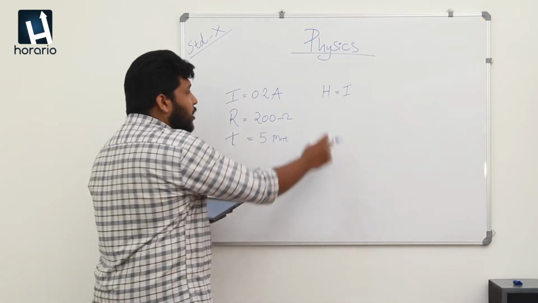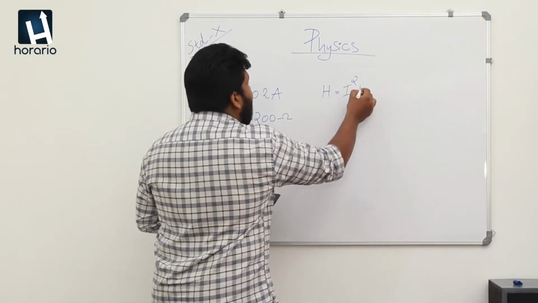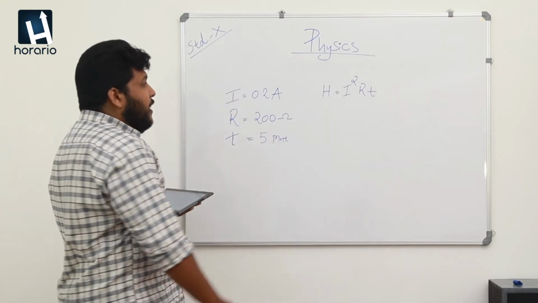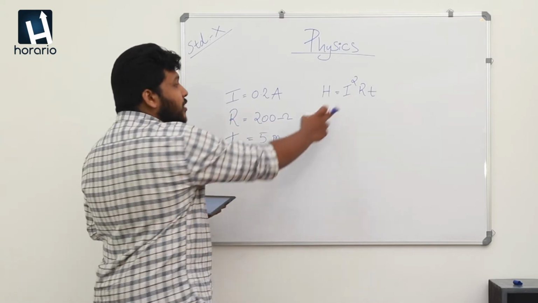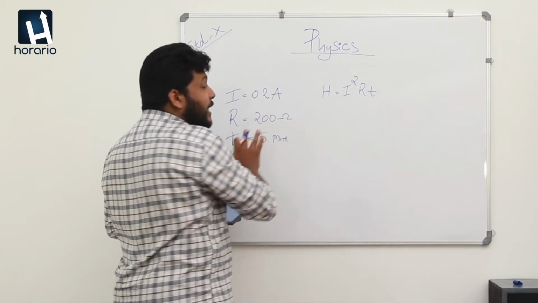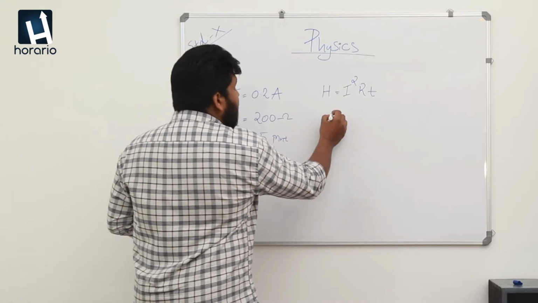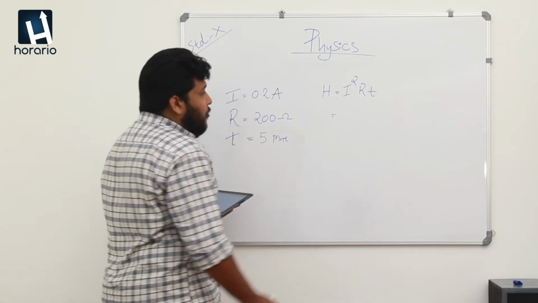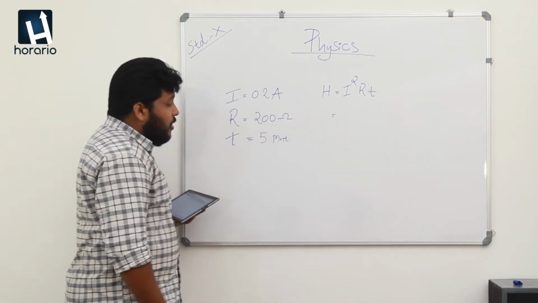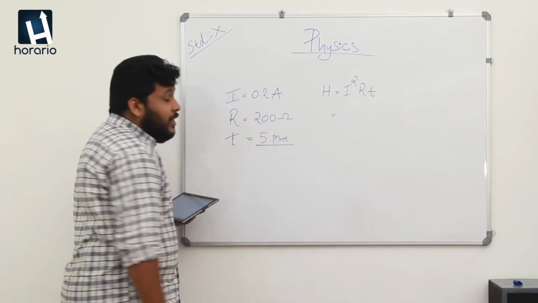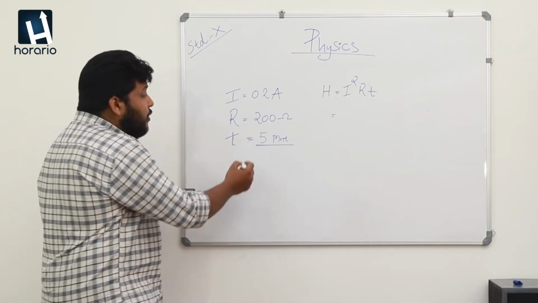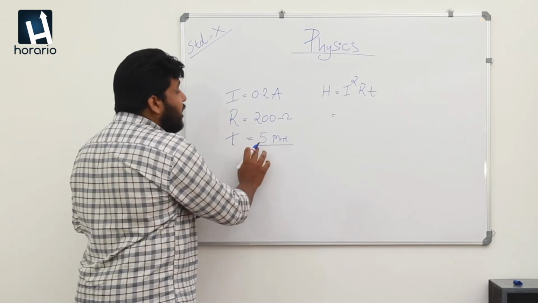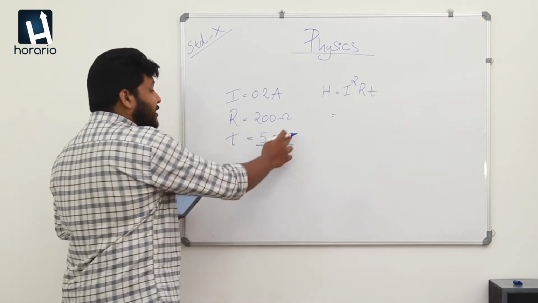So we can use the equation H is equal to I square RT for solving this question. I is given in this question, R is also given, T is also given. So simply by substituting all the values, we can derive the answer. But here the time is given in minutes. Before solving the problem, we want to convert the given minutes into seconds.